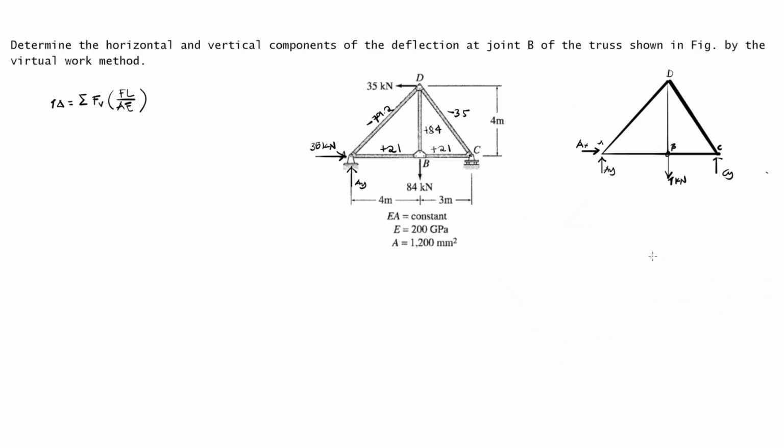Ang ilolod naman natin is yung horizontal na 1 kilonewton. So, unahin muna natin tong vertical na 1 kilonewton. So, magkakaroon tayo ng reaction. Dito, alam na natin na this is also positive 1 kilonewton.